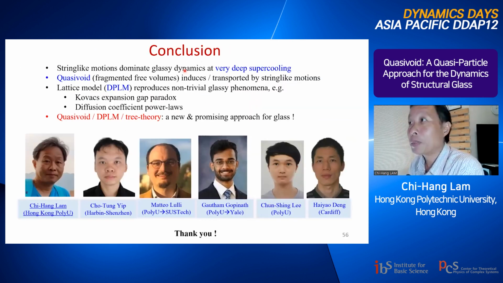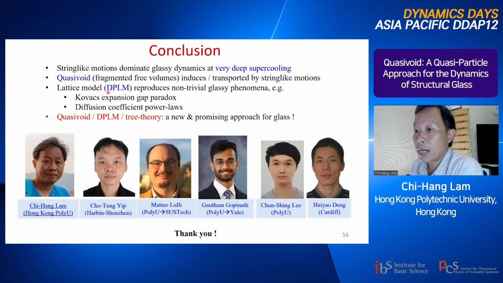Now, let me conclude. We find that string-like motions dominate glassy dynamics at very low temperature or high packing fraction, corresponding to deep supercooling, most relevant for glass study. We propose quasivoid, each of which is a collection of a few free volume fragments, and a quasivoid induces string-like motion and also is transported by string-like motion.